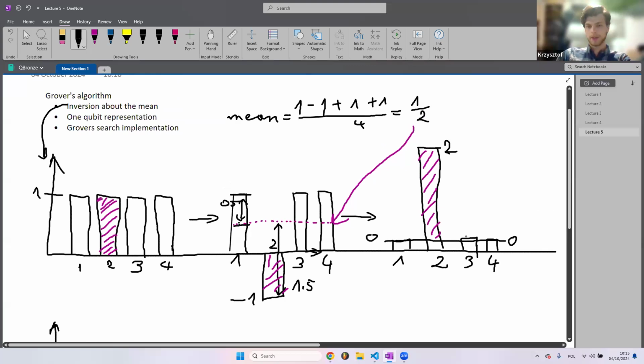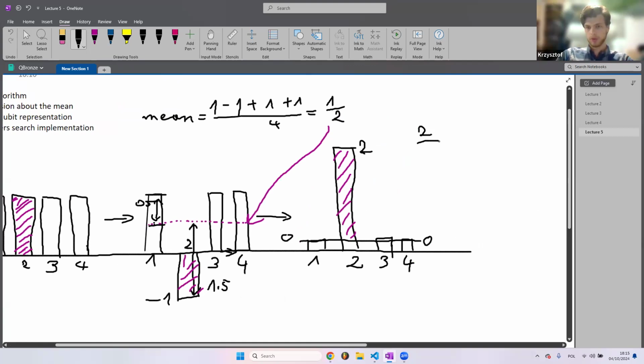But now, if I try to calculate the mean, once again, the mean in this case will be 2/4, which is 1.5.